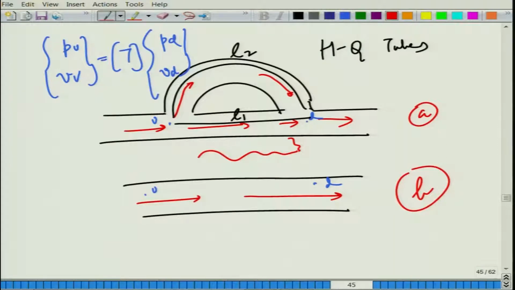But at other frequencies where destructive interference happens between these pipes, almost negligible acoustic power is transmitted downstream, and because of this, at certain resonance frequencies where such destructive interference happens, these HQ tubes perform very well. You get a spike in the transmission loss curve, or they are called attenuation peaks.